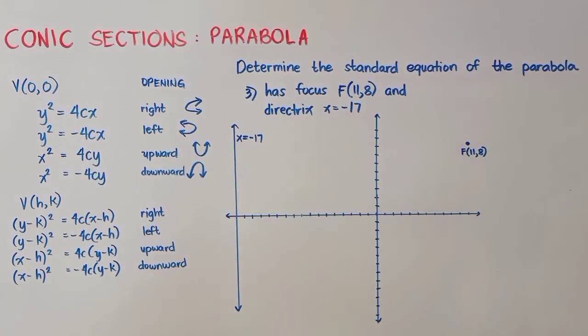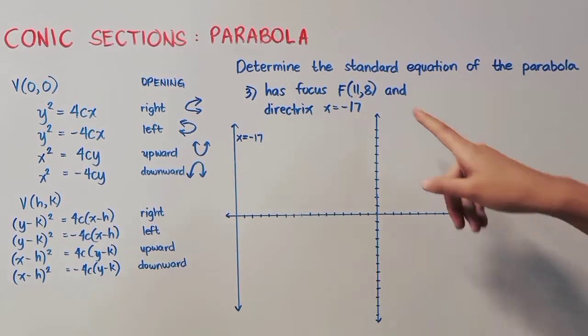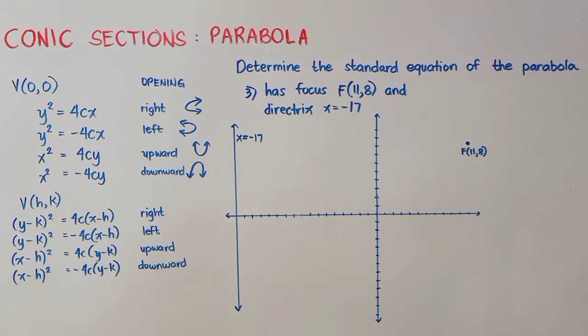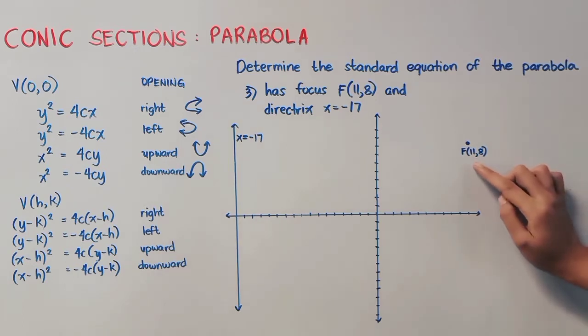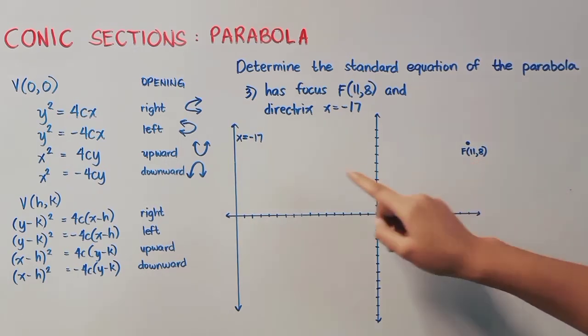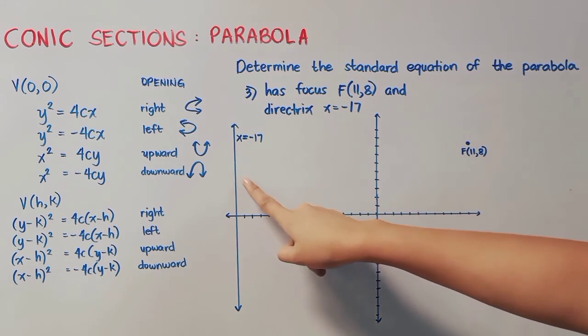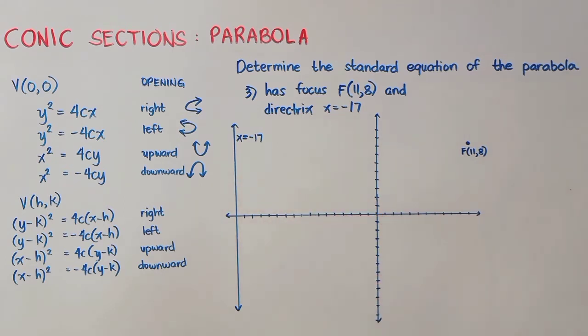We are now on number 3. The parabola has focus (11, 8) and directrix x equals negative 17. So I have here a plane for me to visualize the given. Our F here is (11, 8) and our directrix is in this side, x equals negative 17.